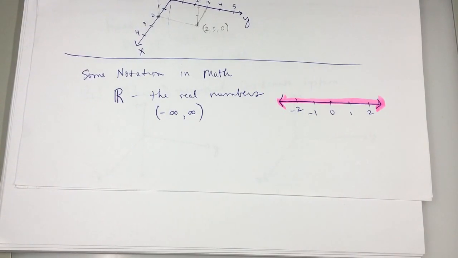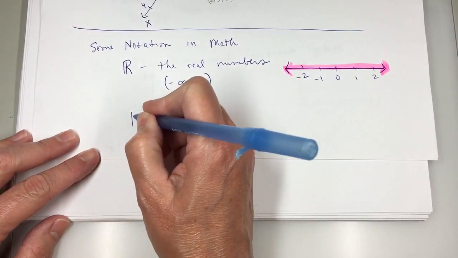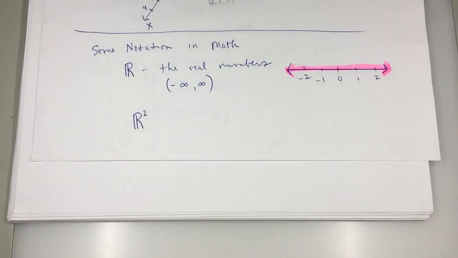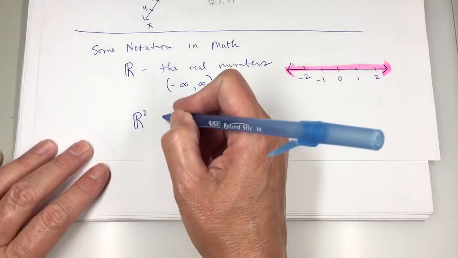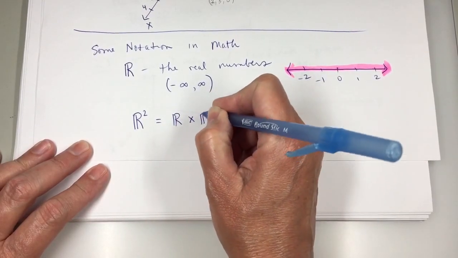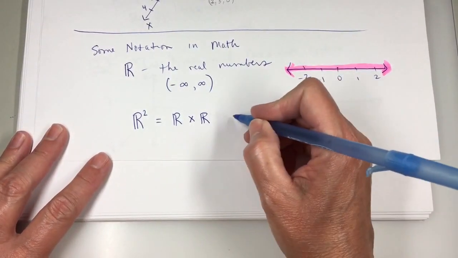Now, when you get to the XY coordinate system, they'll write it like this. Or they'll write R with a little 2, R squared. And this can also be written as R by R. And this is what you were probably introduced to in Algebra 1 in 9th grade or 8th grade whenever you took it. This is a plane.